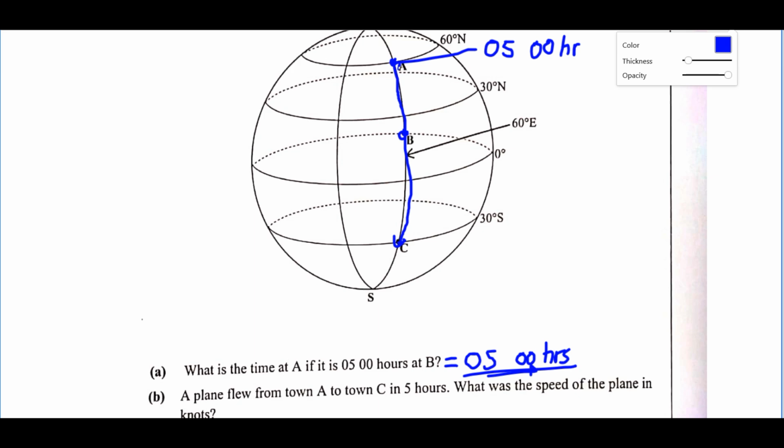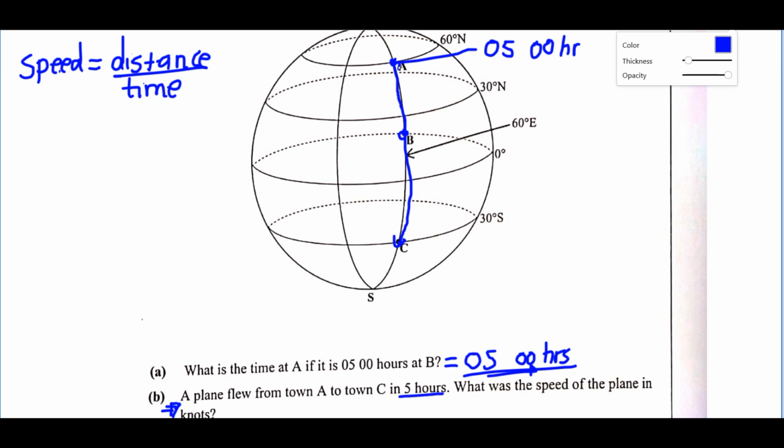So as long as the units are knots, it simply means that you need to use the distance of nautical miles. So the formula is speed is equal to distance divided by time. So time is given, 5 hours. Then what else are we supposed to do?